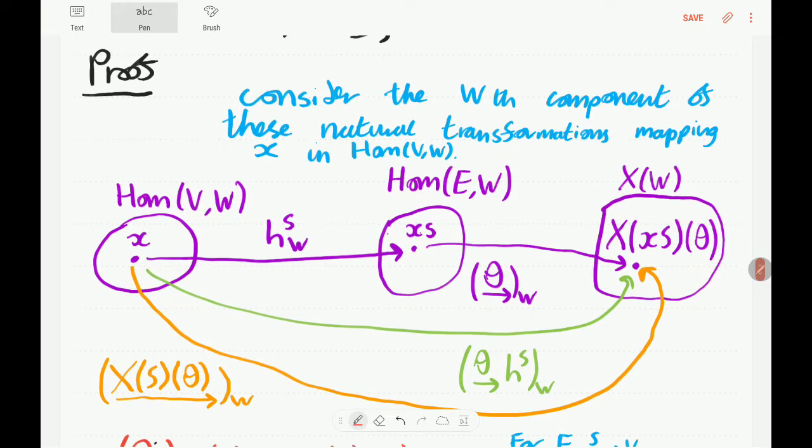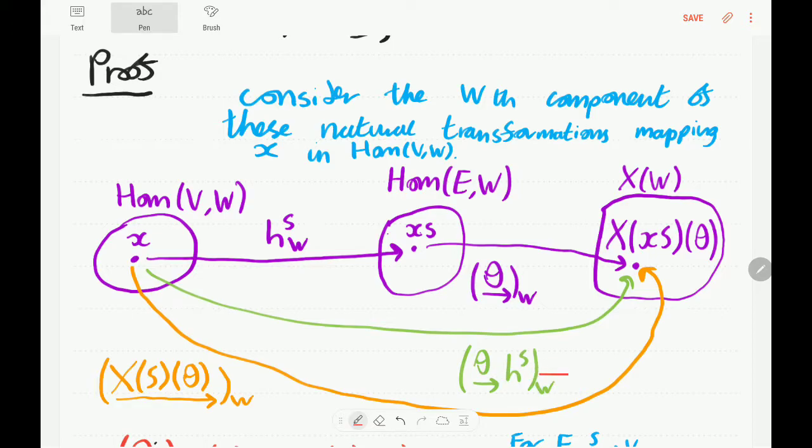So we want to show that the green arrow and the orange arrow do the same thing to this arbitrary element X of Hom V comma W. So all we have to really do is compute the results and show that we get the same result in each case. So firstly, let's deal with this green arrow. So this is theta underlined after HS, and we're looking at the W component of that.